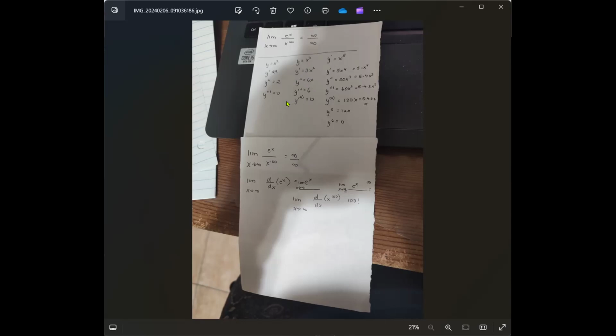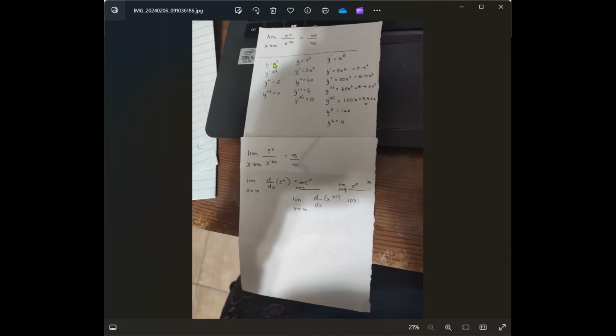What I want you to notice about this is that whenever you have a variable raised to a numerical power, 3, 10, 100, doesn't matter, you have as many non-zero derivatives, derivatives that are something other than 0, as the power on that x or that variable.